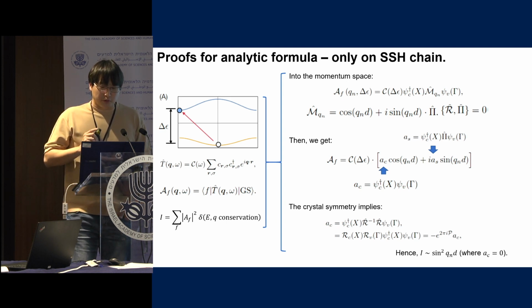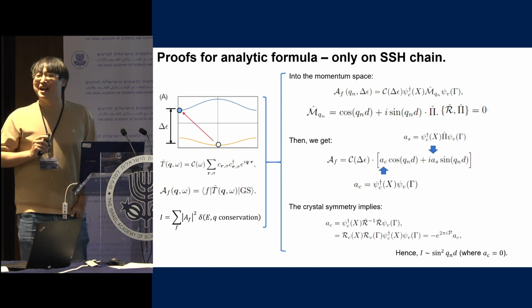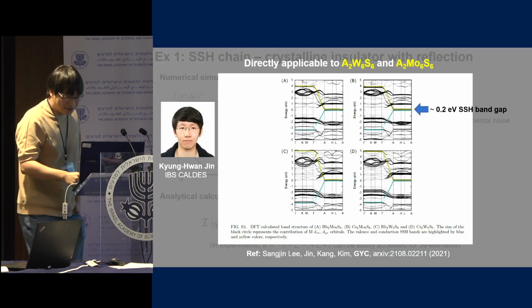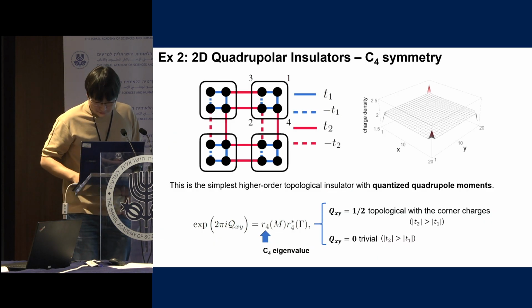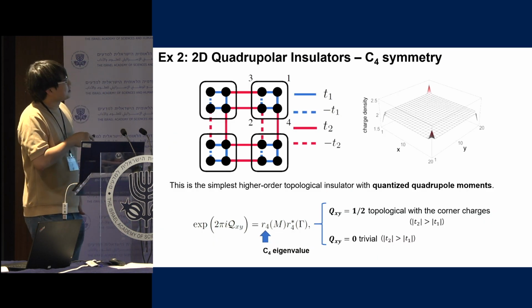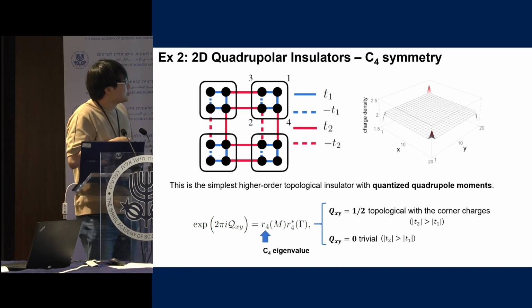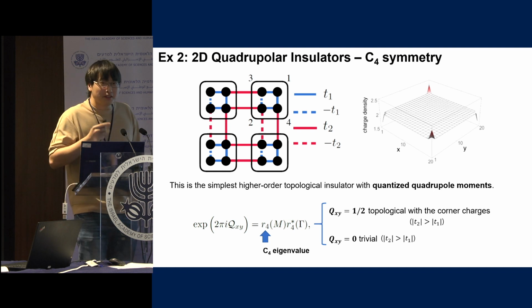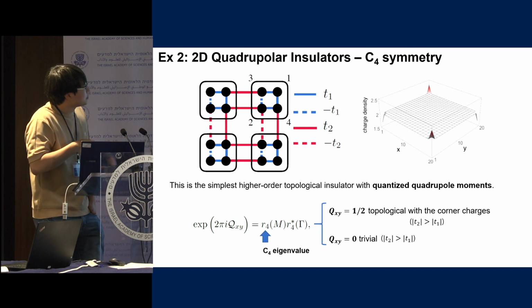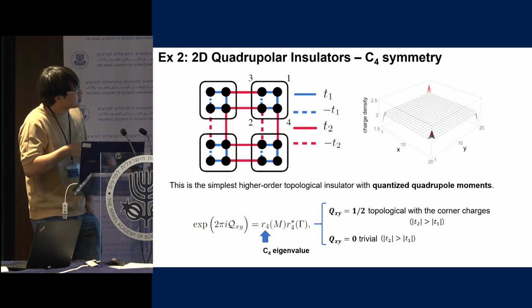So is it only for the SSH chain? Actually it's not. Let me skip a few. You can generalize to 2D quadrupolar insulators, the simplest higher-order topological insulator. You have 2D systems, this is real space, and when you have corners, there are localized modes.